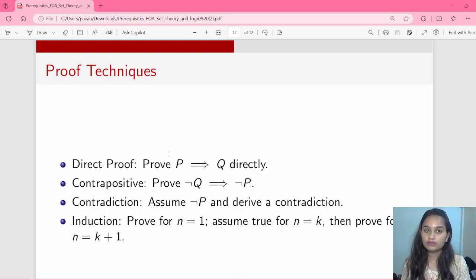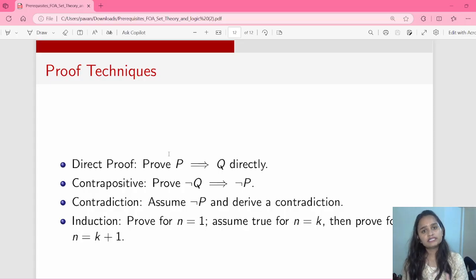The fourth technique you will use often is induction. Induction is like steps you use to prove. In induction, you will have some general statement P(n) for all n, and you will prove the first step.